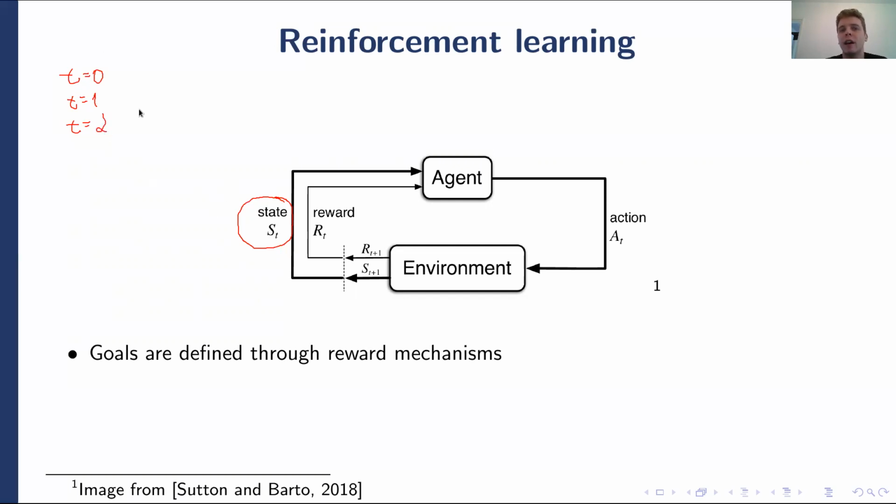At each of these time steps, the agent will receive a state, and the state is a representation of the state of the environment. So the state really represents what you would naturally associate with a state. The agent needs to know how the environment looks at a specific moment in order to be able to choose its action.